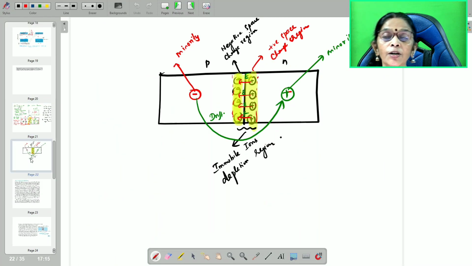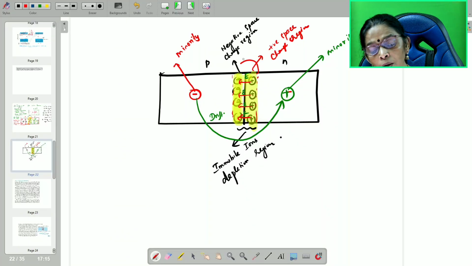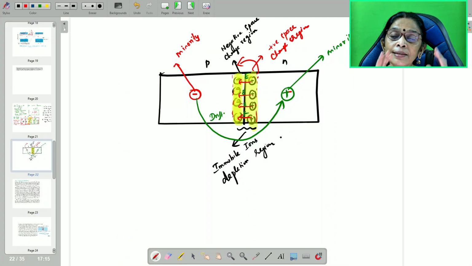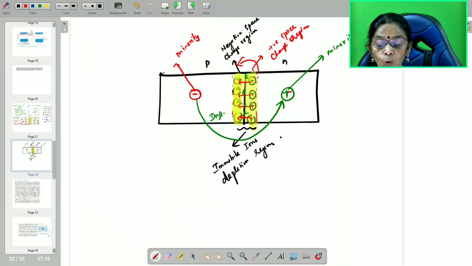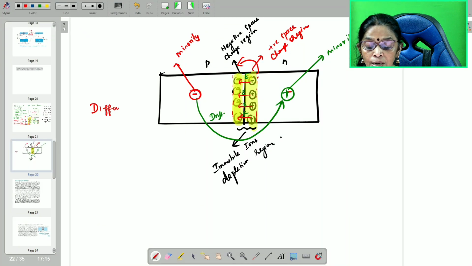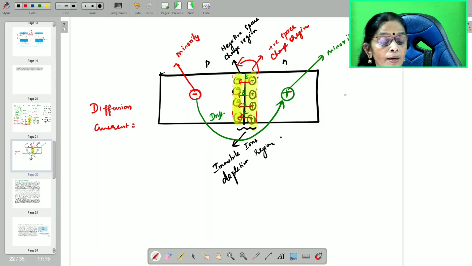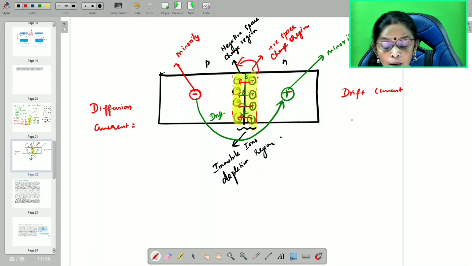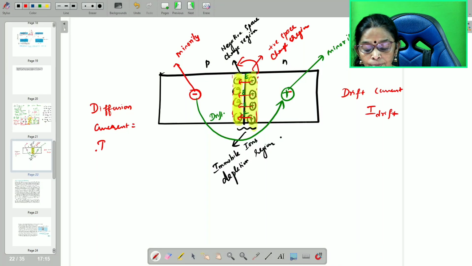Then what will happen? The diffusion takes place, drift takes place. Both are being done at the same time. So due to diffusion, current is produced. Diffusion current is produced, and due to drift, current is produced, and the drift current is due to minority charge carriers, opposite to that of majority charge carriers.